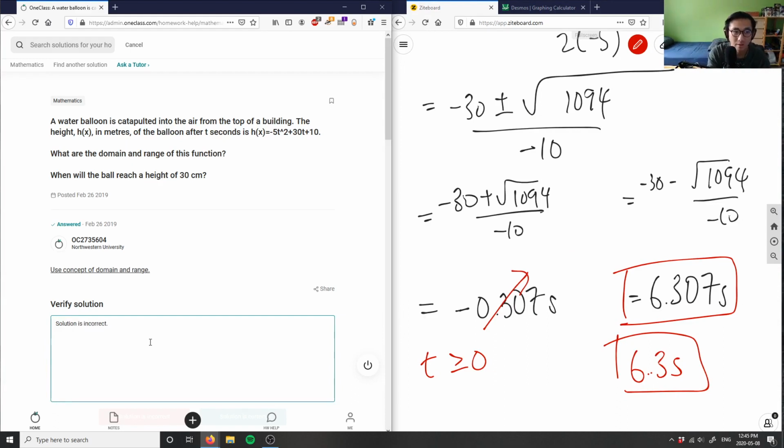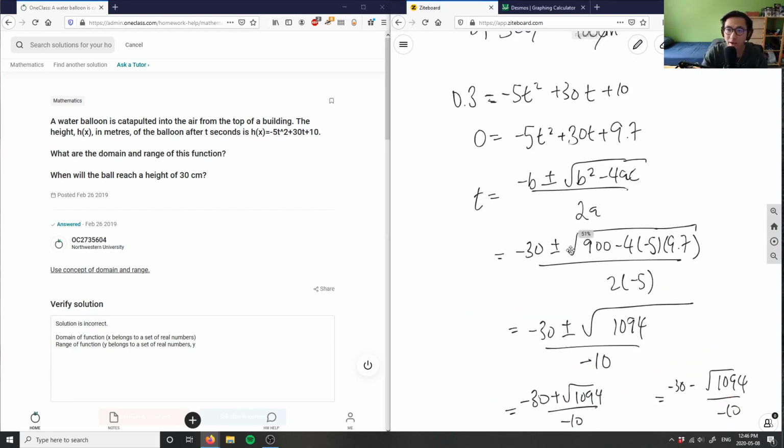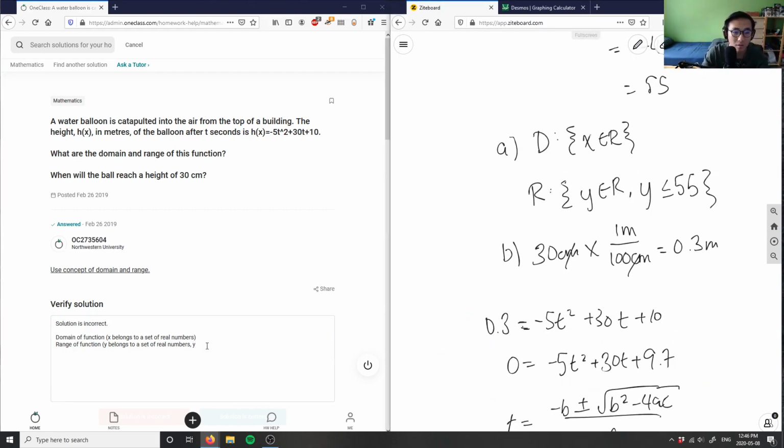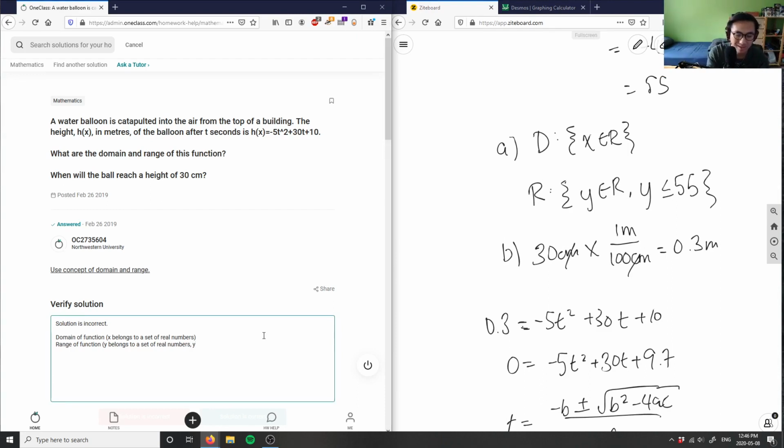I'm going to write down here: the domain of the function is x belongs to the set of real numbers. There are no restrictions on my x. The range of the function is y belongs to the set of real numbers as well, and y had to be less than or equal to 55.